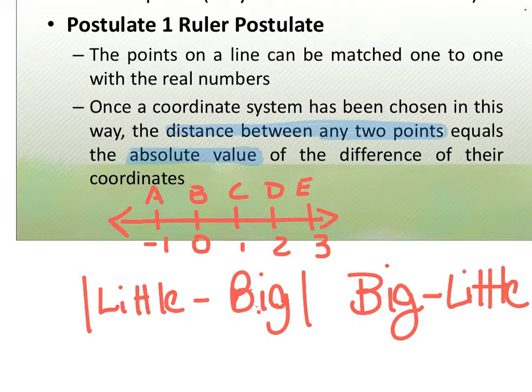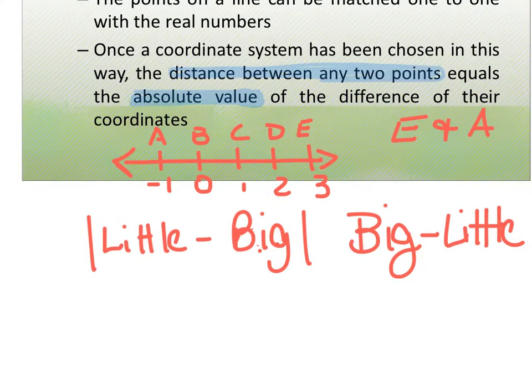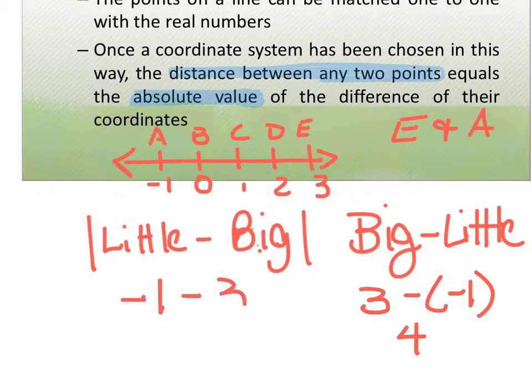So for example, if I wanted to find the distance between point E and point A, or A to E, I can either do big minus little, and then I would get 4, or I could do little minus big, but after I do the problem, I need to find the absolute value.